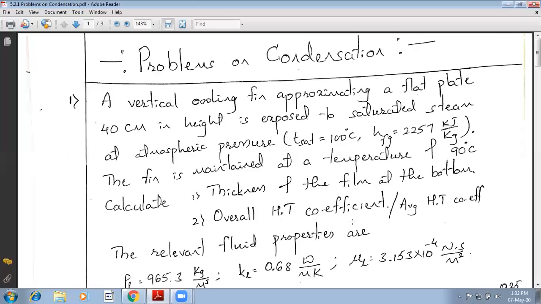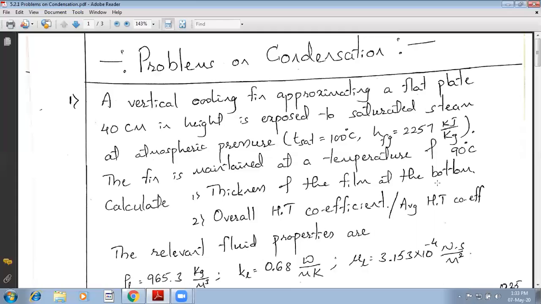Now, if you look into the chapter of condensation in your heat transfer data handbook, you have different cases for which you have different expressions. It could be vertical surfaces, horizontal tubes, a bank of n number of tubes, or vertical tubes.